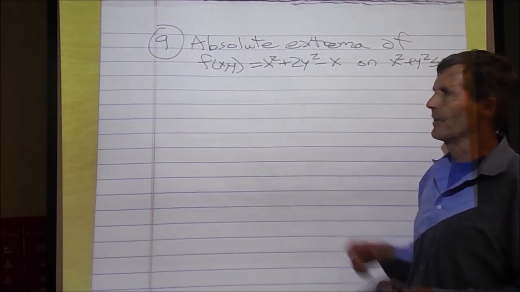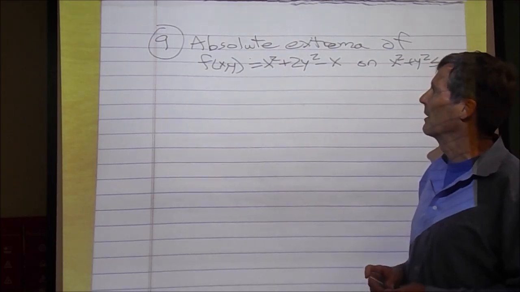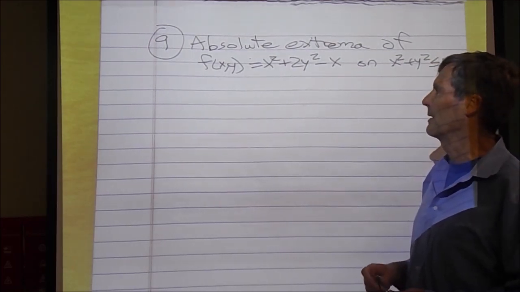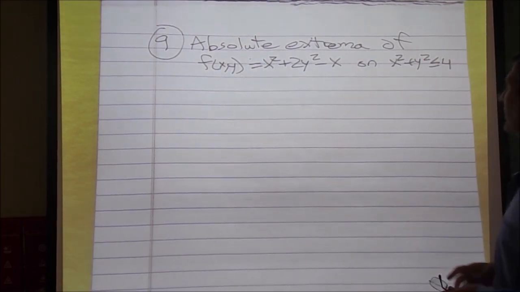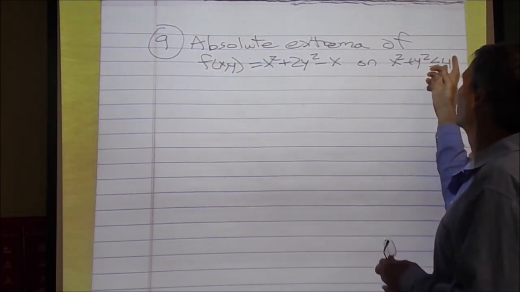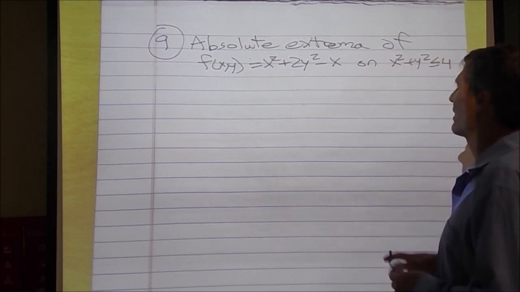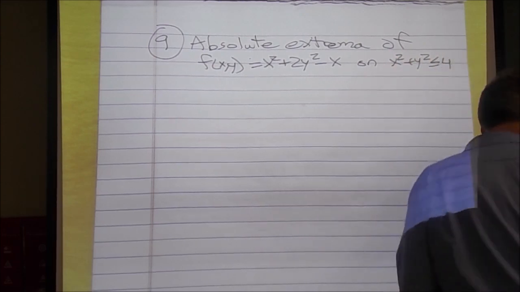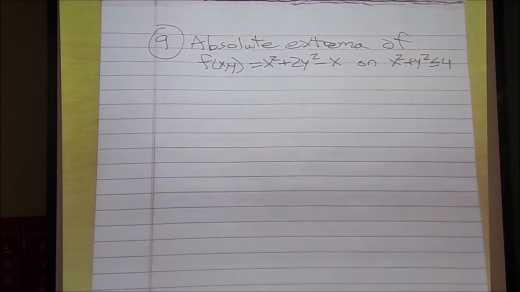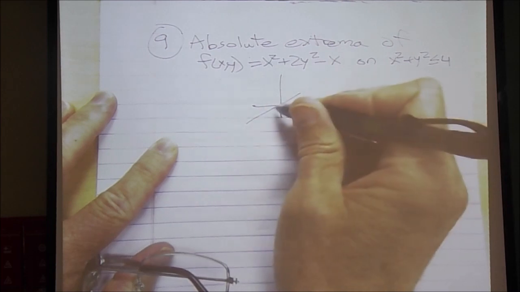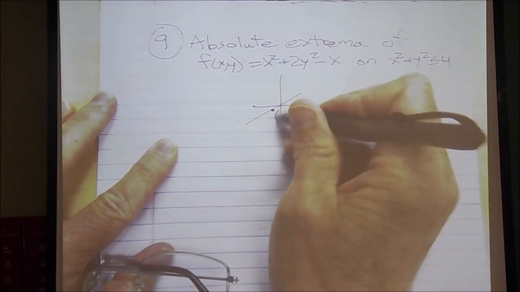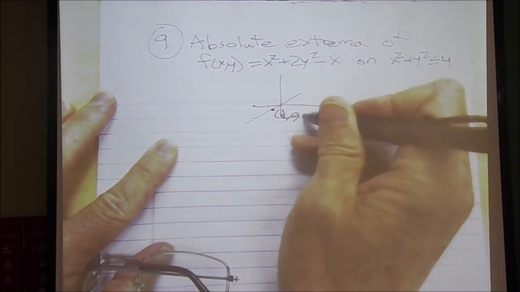You'll see that this is the form of an elliptic paraboloid that's just got its vertex shifted away from the origin, moved over to x equals 1/2, so this is 1/2, 0, 0. And it's set over the disk about the origin. What do you expect for the high points and low points?